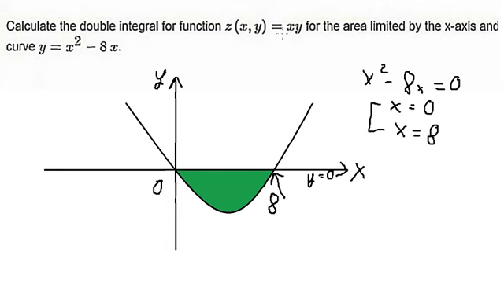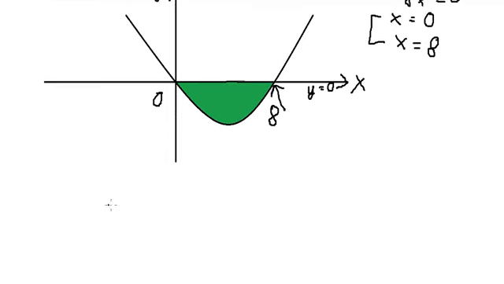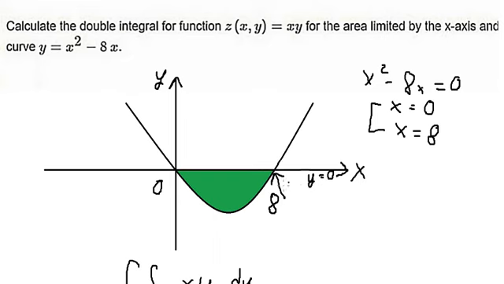Now we can set up the double integral. So I will go with dy. We can see that this is y equals 0. This is y equals x squared minus ax. So this is upper.